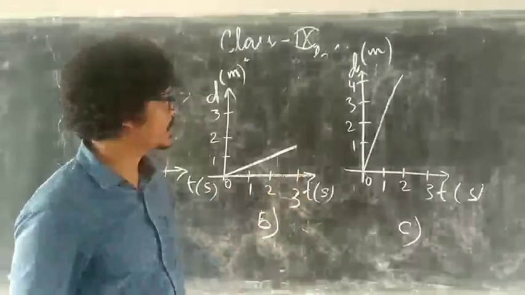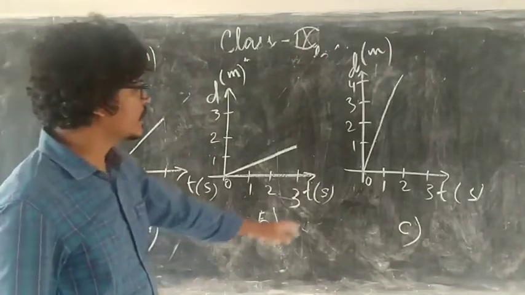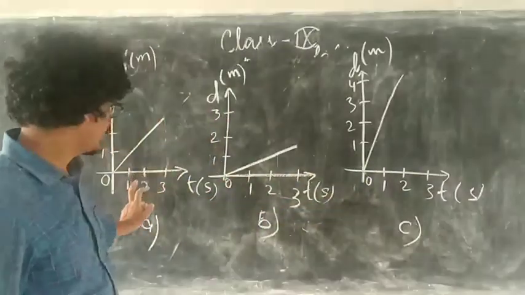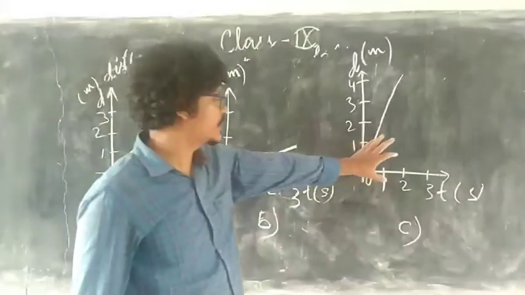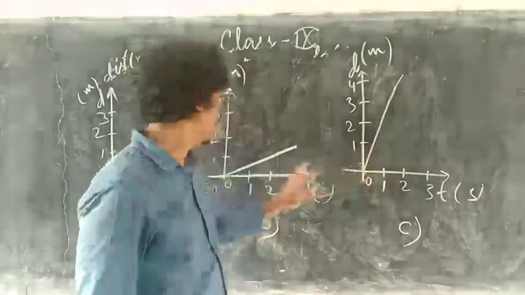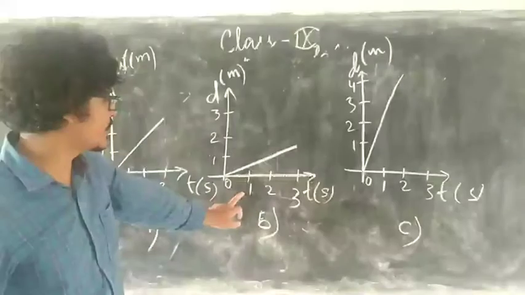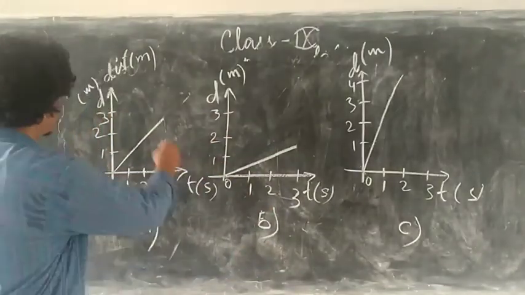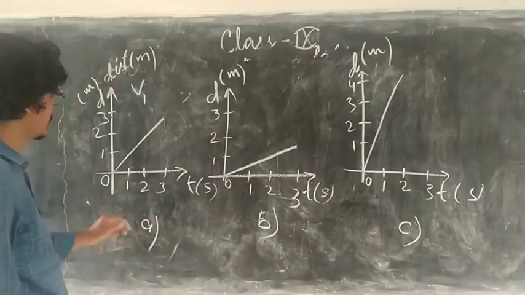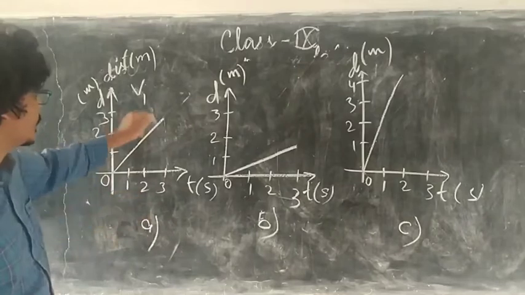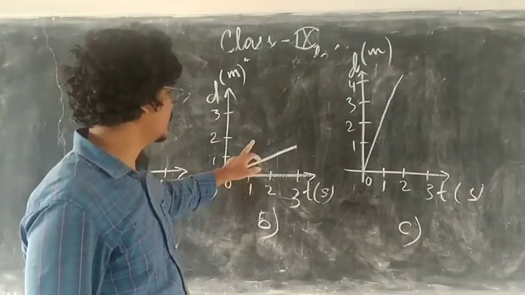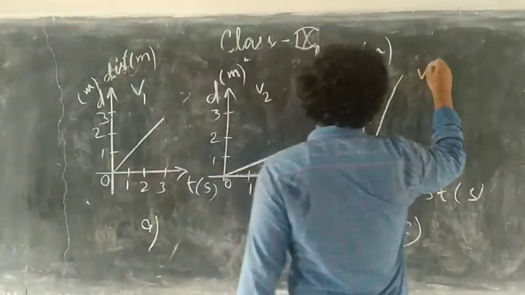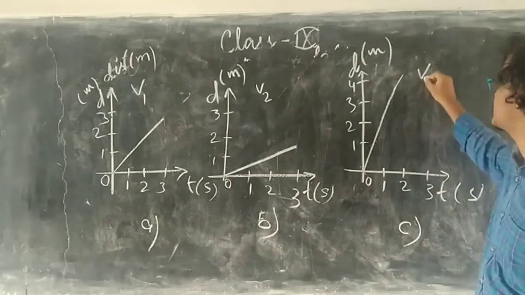So from the graph you can clearly find out that in graph C, the object is moving with more speed than A and B. So the speed of the object in graph C is more compared to A and B, and the speed of the object in B is less compared to A and C. Let us say the speed at which the object is traveling in graph A is V1, the speed in graph B is V2, and the speed in graph C is V3.